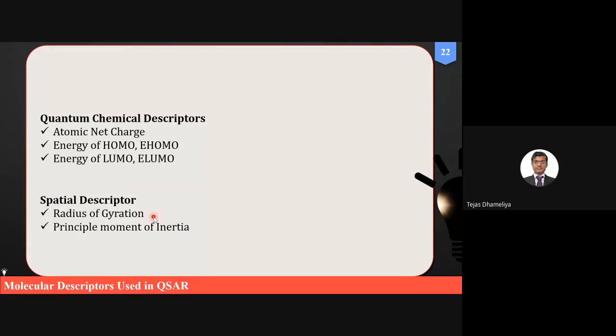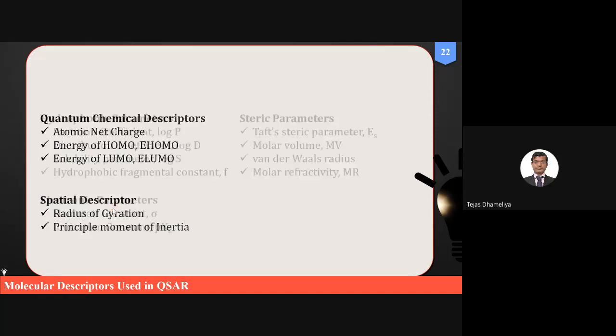nuclear magnetic resonance NMR spectroscopy. So you will be visiting both these parameters there. So these molecular descriptors are used.